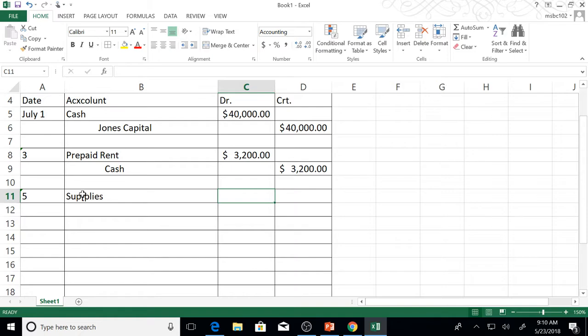Supplies for how much? 5,200. And then I have accounts payable.